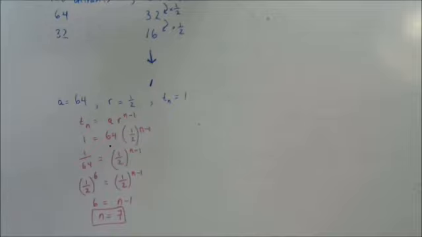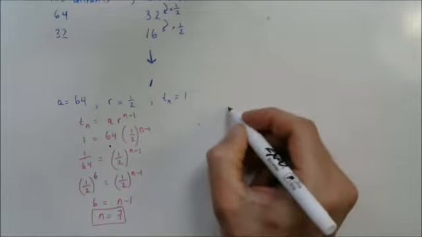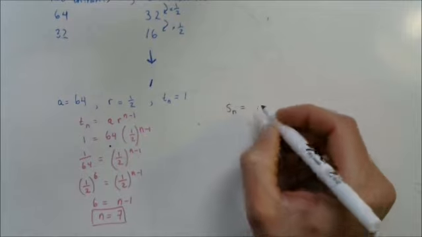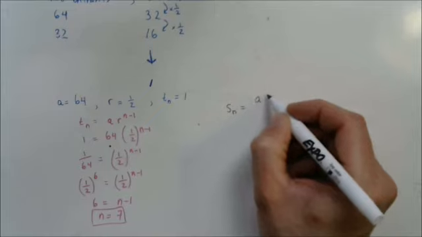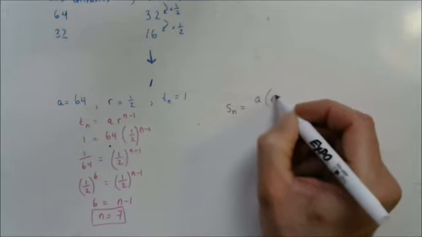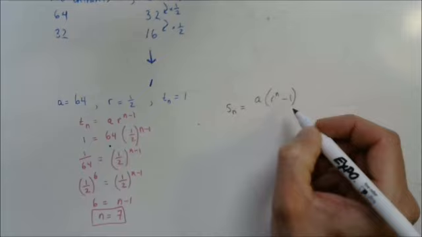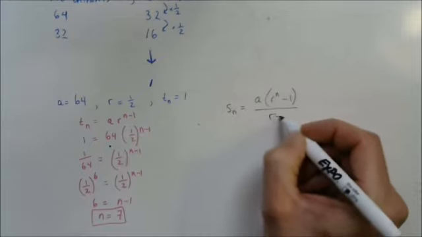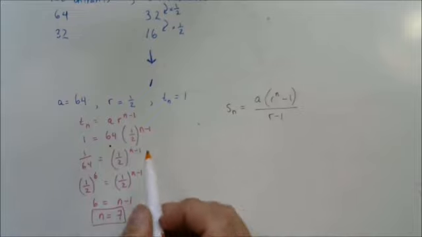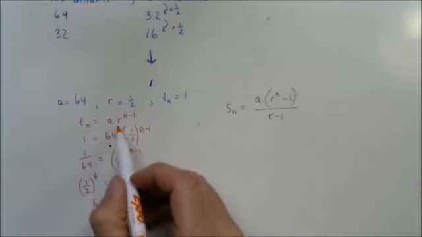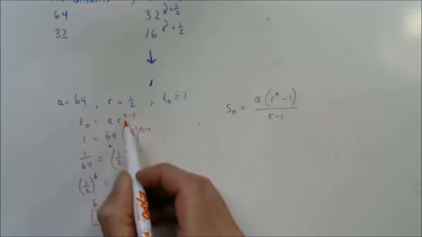Take that information, plug it in our formula for the sum of the first n terms, which is S sub n equals, in the numerator, a bracket r to the power of n minus 1 bracket over r minus 1. It's a bit tricky to memorize both of these, partly because this one is a times r to the power of n minus 1.